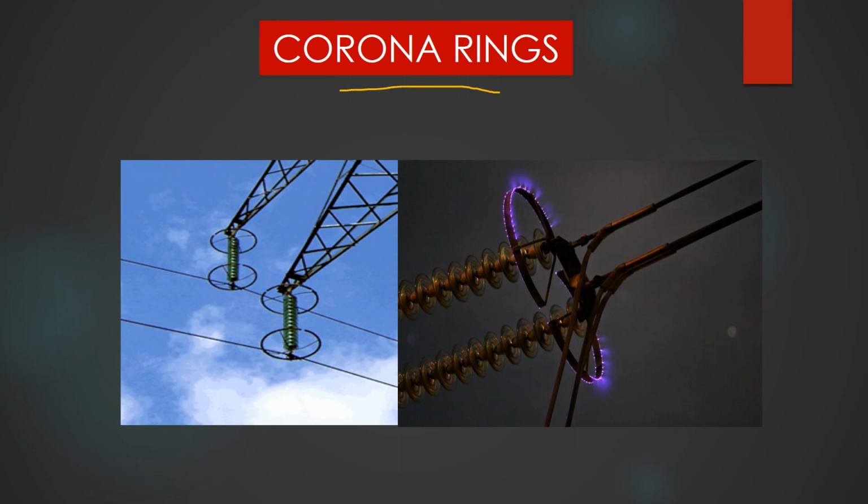Corona rings. A corona ring, as you can see in the figure, is a circular conductive material, usually made of metal, which is attached to the terminal of high voltage equipment.